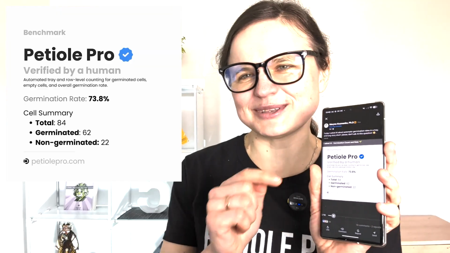And as usual, we are taking our benchmark, and the benchmark is PTL Pro. In PTL Pro, we have fine-tuned the model which can count the germination rate per tray. We developed it already 2 years ago, and it's very interesting how the technologies change and bring extra opportunities for germination count, because currently we are doing not just the pure count and the germination rate, we can also do the per row count.